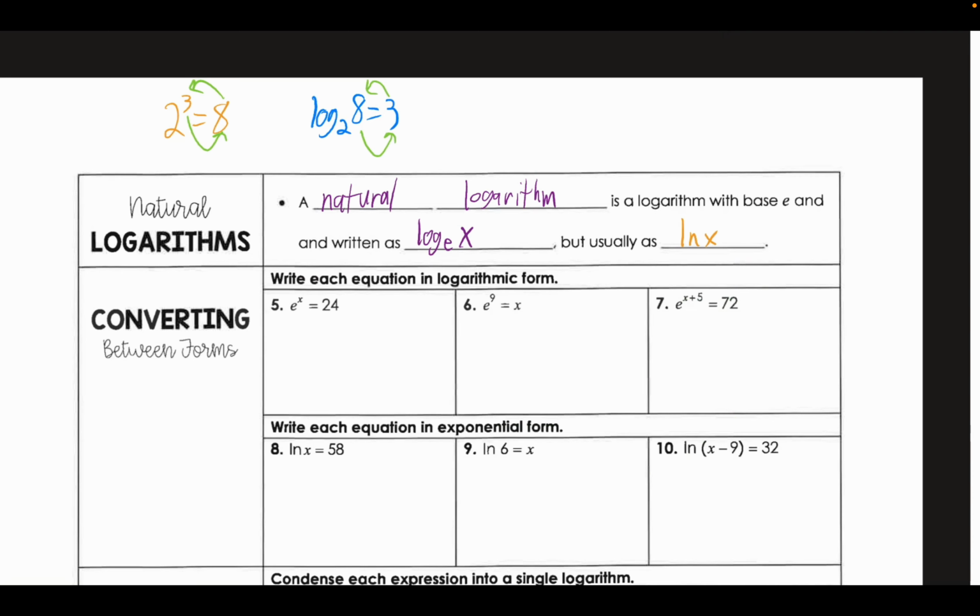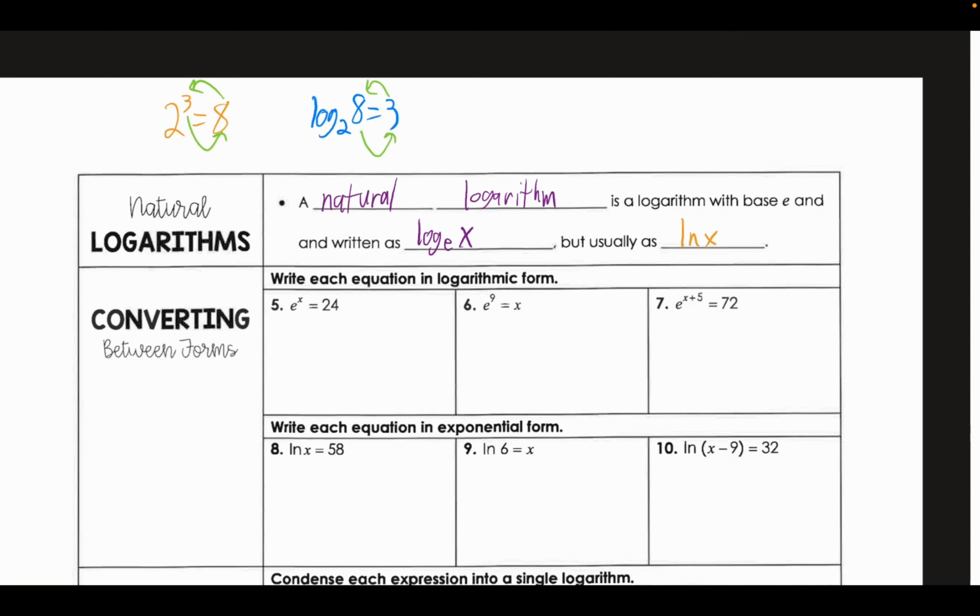And other fields as well, as I mentioned, use the base e for different things such as bacteria growth, finances, things like that. And so they're like, hey, we're sick of writing log base e. What if we just write this instead? And so we write this instead now and call it natural log, or natural logarithm to say the long version.